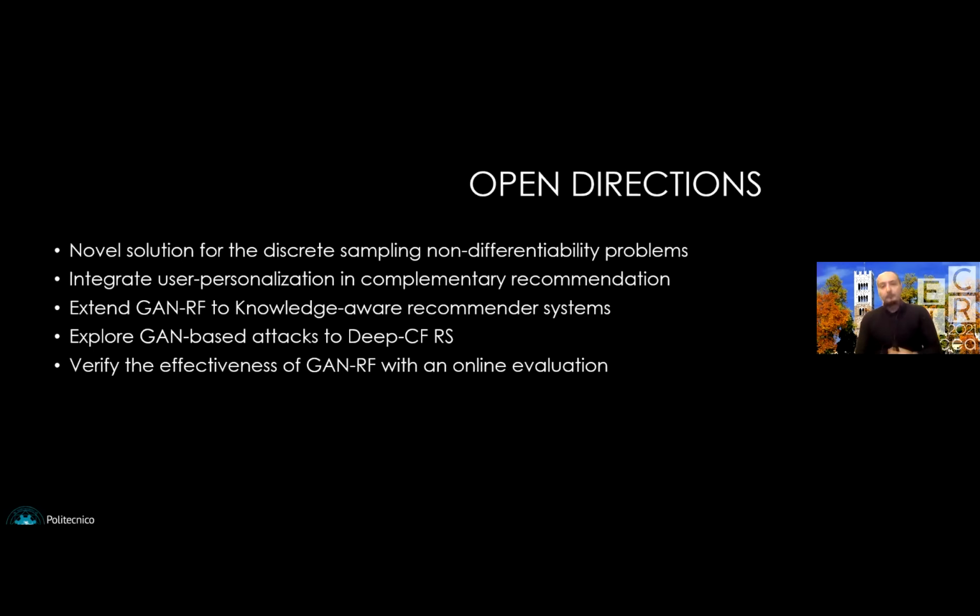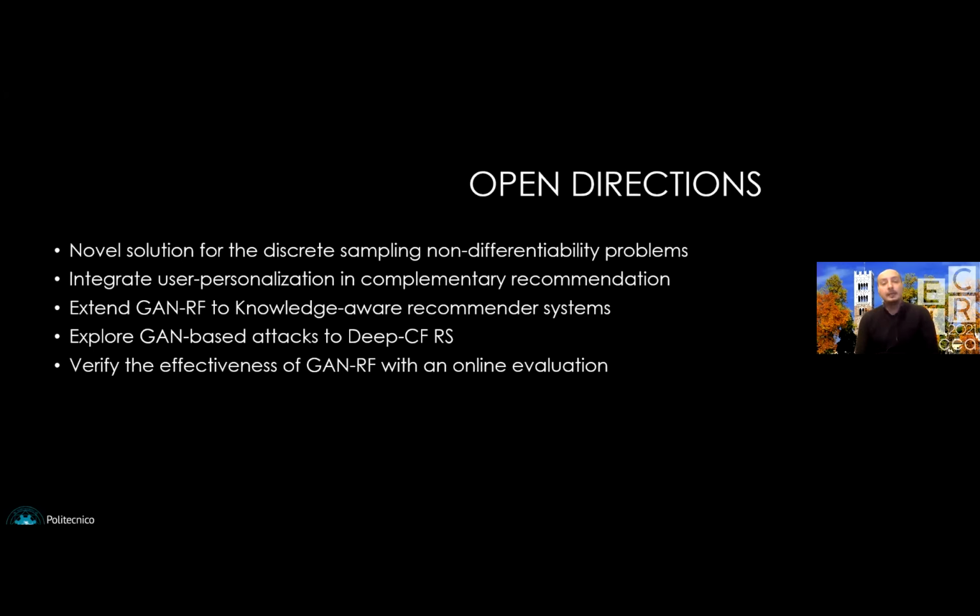And more, when we look at the works that focus on the usage of GANs for attacks, we can see that the victim is likely to be a classic collaborative filtering model. But what would happen if the victim is another deep neural network model? It will be interesting.